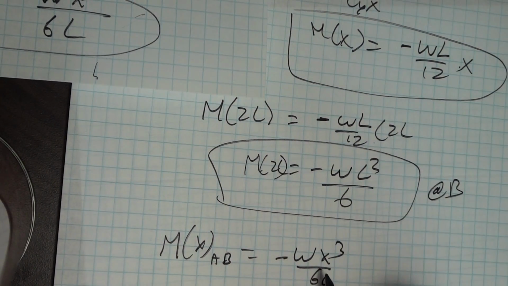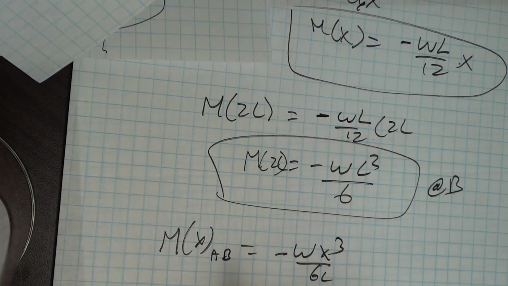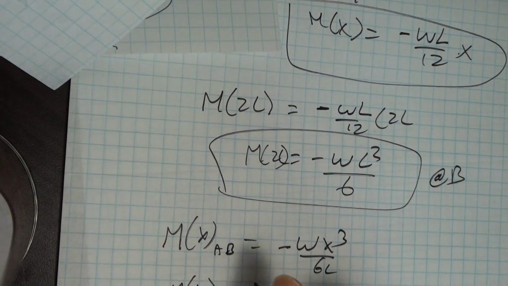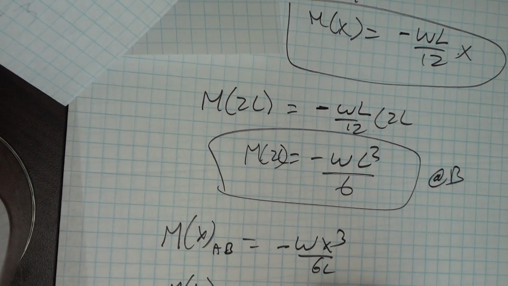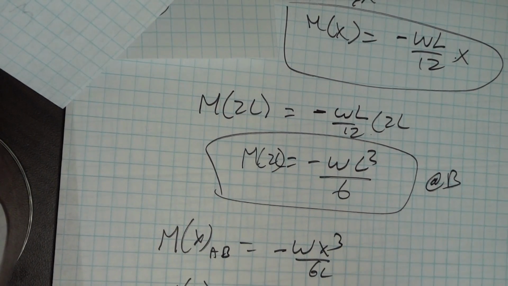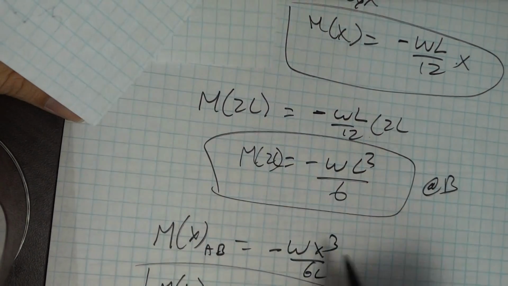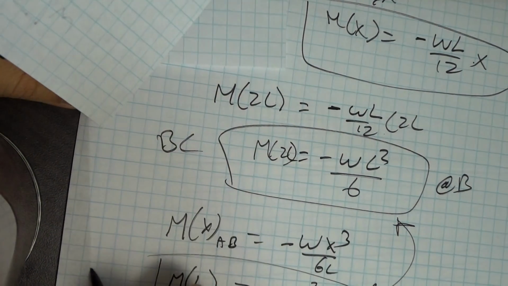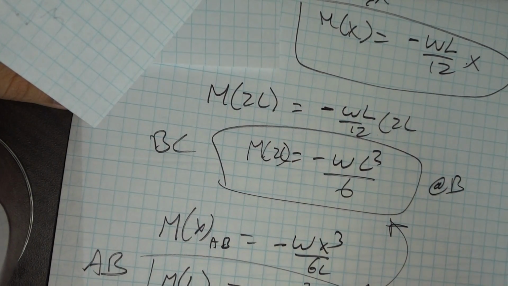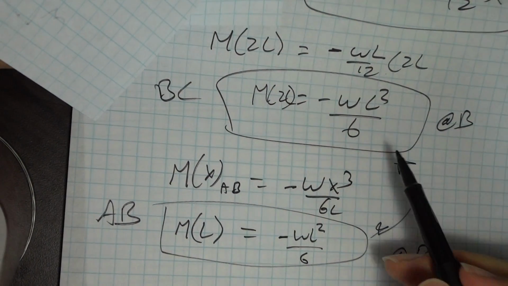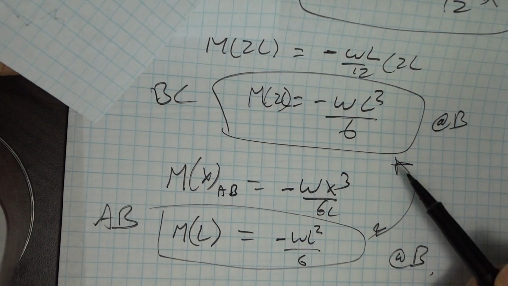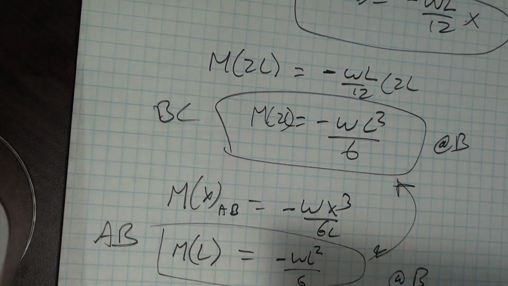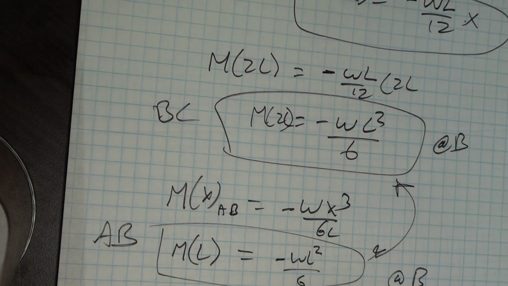When I plug in x equals L, because AB is only length L, it is not 2L, I get WL squared on 6. These two should match, both in magnitude and in sign. They are equal to each other in this case, so that is good.